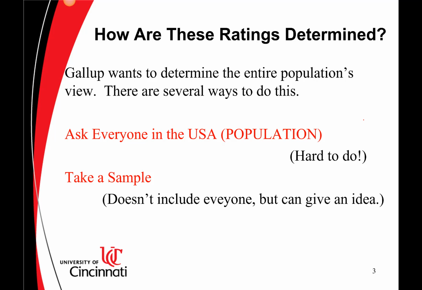When you want to understand an entire population, in advertising, they're not necessarily concerned about understanding the entire country. Because if, for example, you're advertising a Lincoln Town Car, is that a car that's going to be of interest to the vast majority of the people in the country?